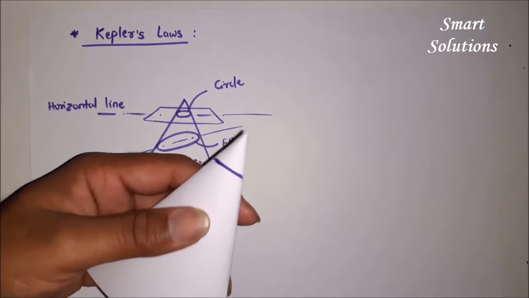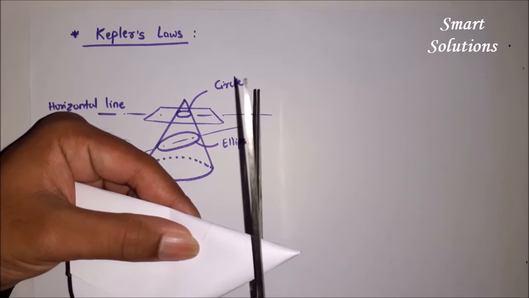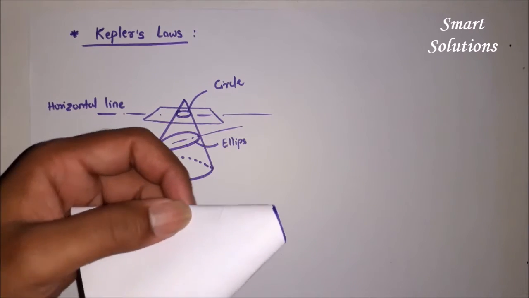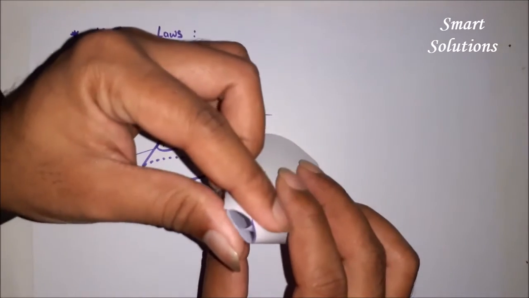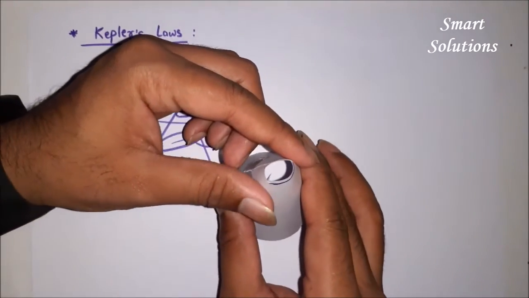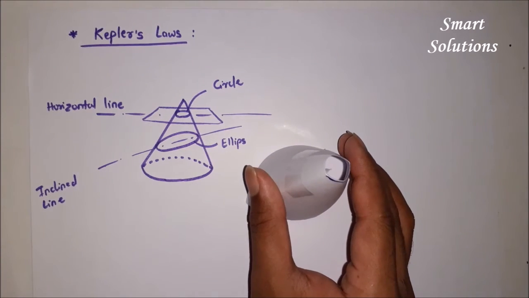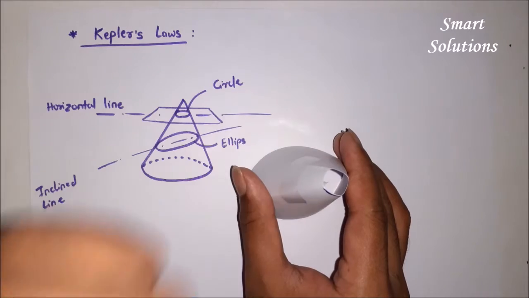I am just going to cut this in the horizontal direction. And if we again make it horizontal and observe from top, you will observe that this is circular in shape.